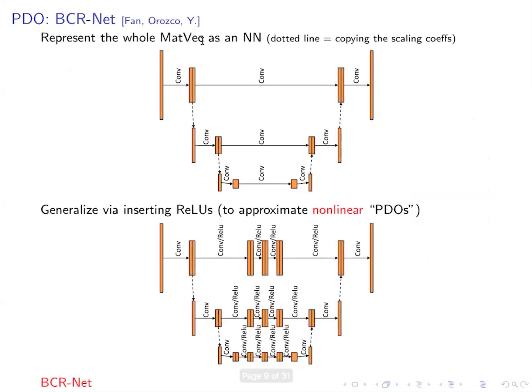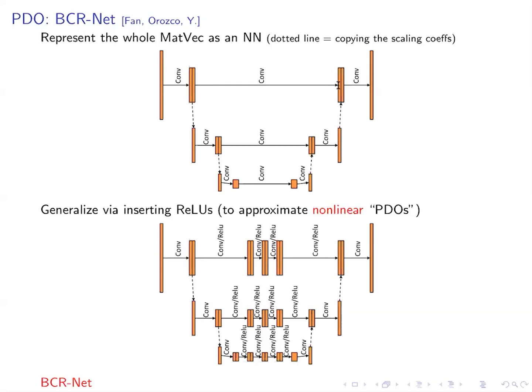To get a whole neural network algorithm, what we need to do is just put all these layers together. The top line corresponds to the finest layer. Once you have these wavelet coefficients, you use the scaling coefficients and do it for the next layer, and so on and so forth. Here I only showed you 3 layers, but for large problems, you can have quite a lot of layers, log n of them.